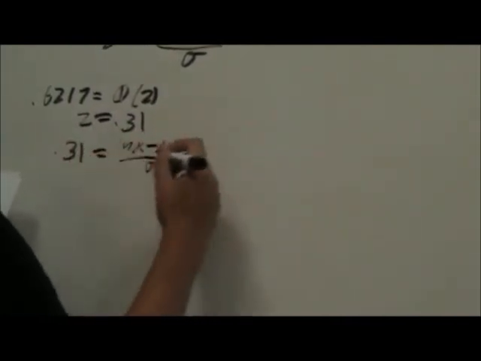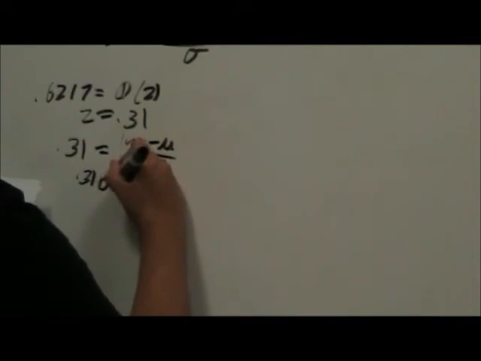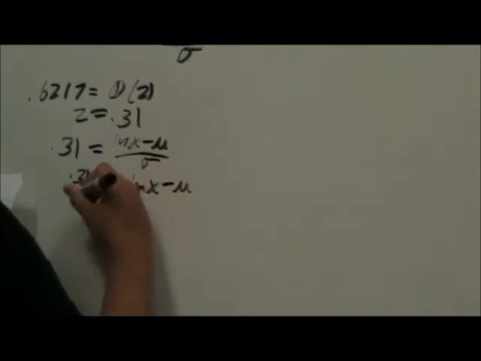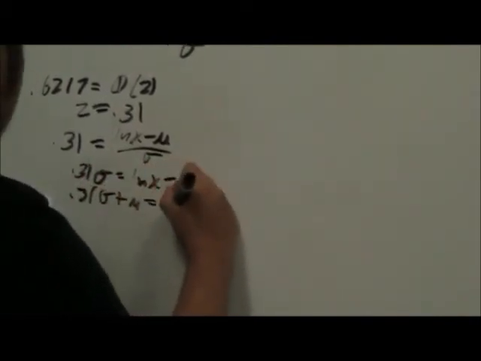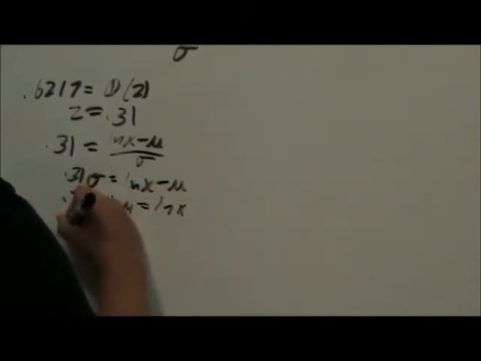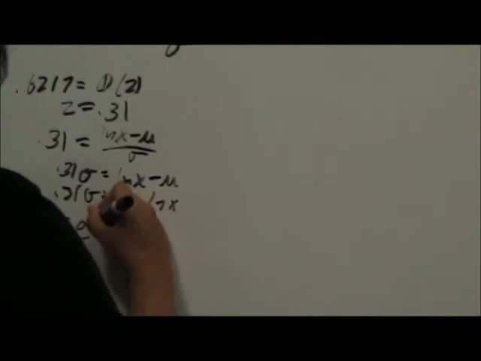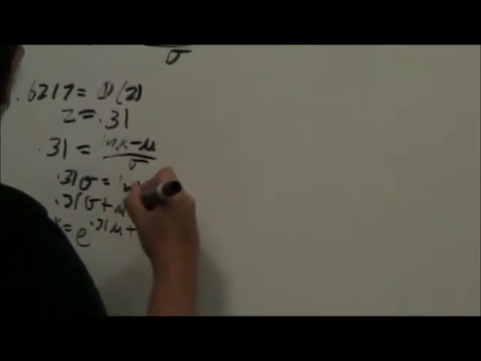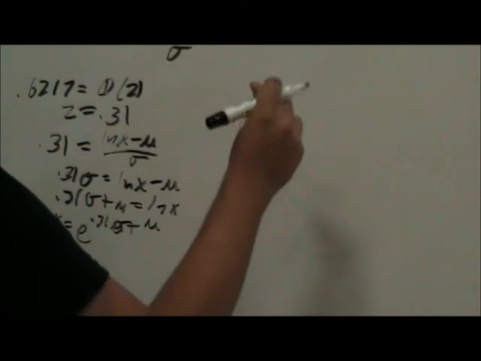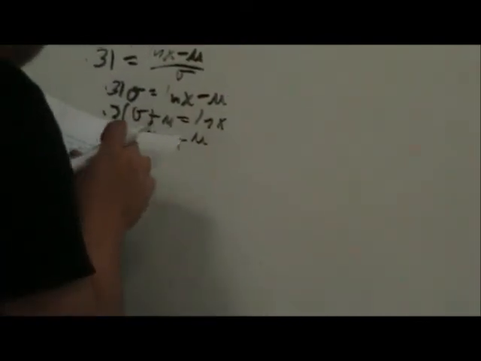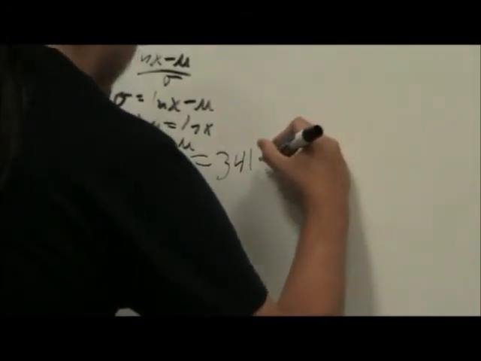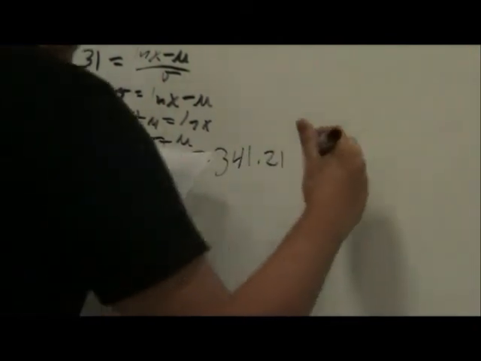So now you solve for x, and I'll just do the manipulations. ln x equals 0.31 sigma plus mu, and x equals e to the 0.31 sigma plus mu, and the values given were mu equal to 5.6 and sigma equal to 0.75, so you get x equal to 341.21, and you apply the deductible and you get a payment of 241.21.